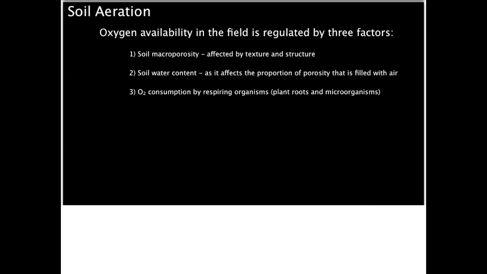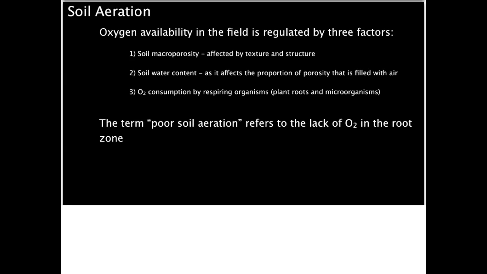So the O2 consumption rate will tell us how much is available in the soil. If we have poor soil aeration, really what we're saying is we have a lack of oxygen in that root zone, that very important zone of high levels of growth, both plant growth and microbe growth.